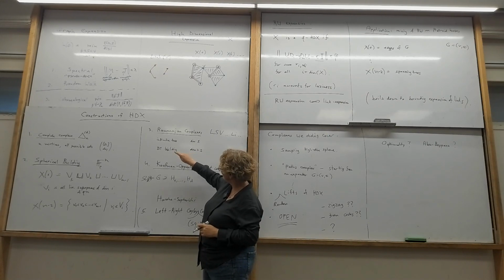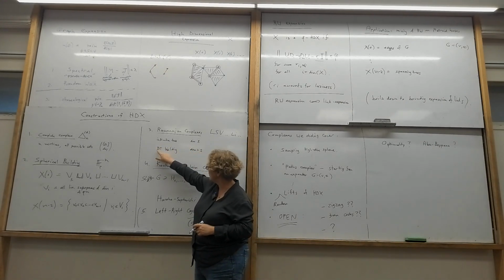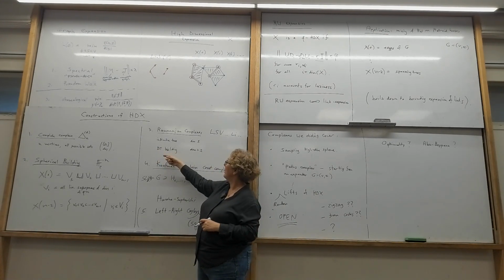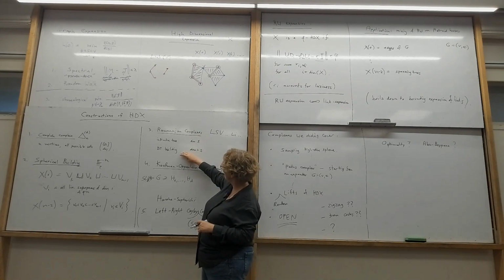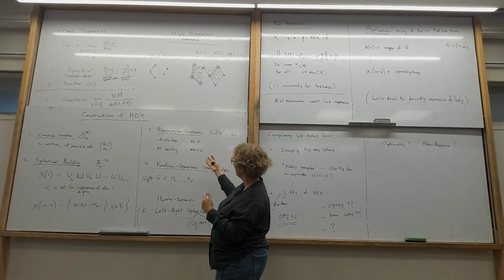Similarly, this is what happens for the higher dimensional case. We know, or people know, the spectrum of this infinite building, and the Ramanujan complexes have just these eigenvalues plus the ones that they have to have. So that's optimal in that sense.